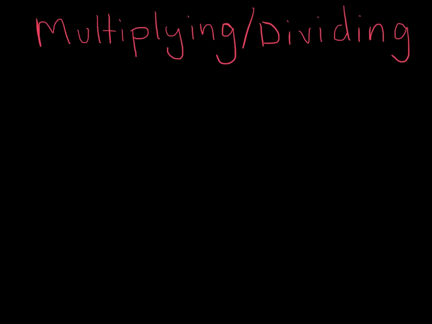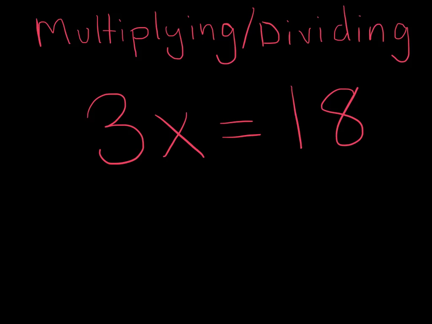The same way that you perform the inverse operations for addition and subtraction, you also do that for multiplying. So let's say 3 times x is equal to 18. 3x is multiplication, that's 3 times x. The inverse operation for multiplying is dividing.